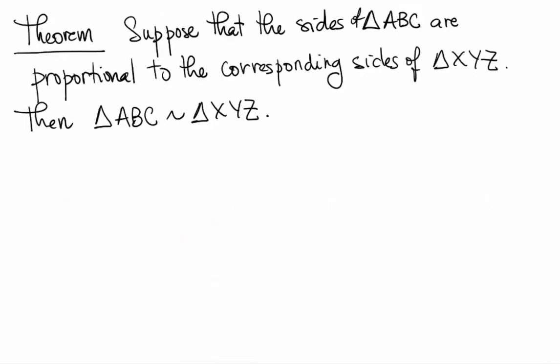In our next result, we'll prove the following. Suppose that the sides of triangle ABC are proportional to the corresponding sides of triangle XYZ. Then we can conclude that the triangles are indeed similar.